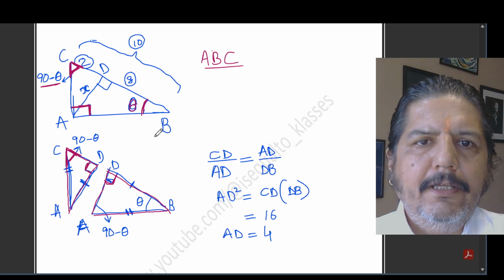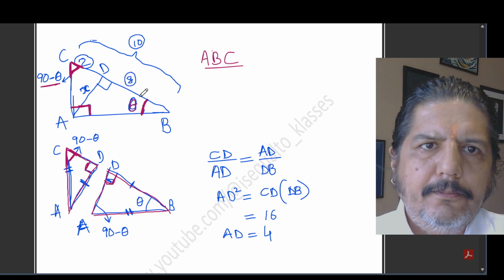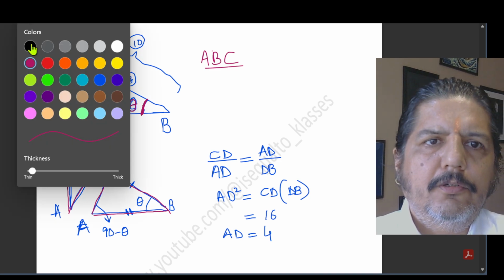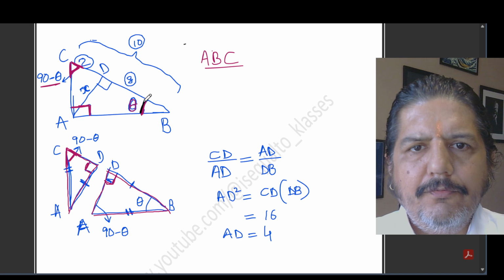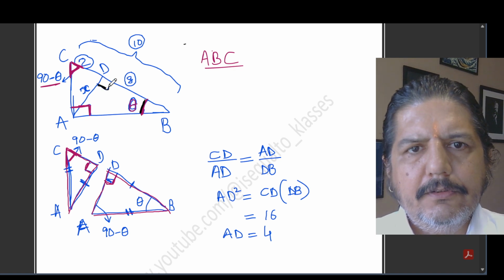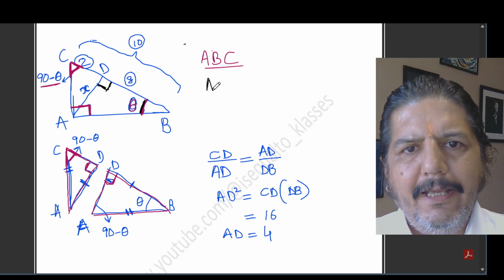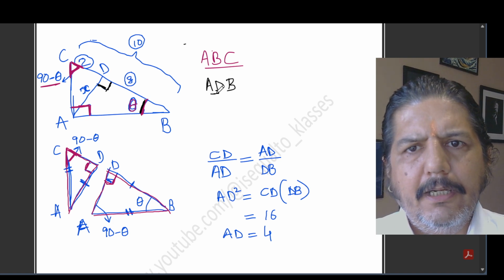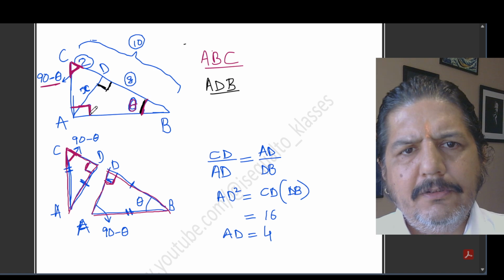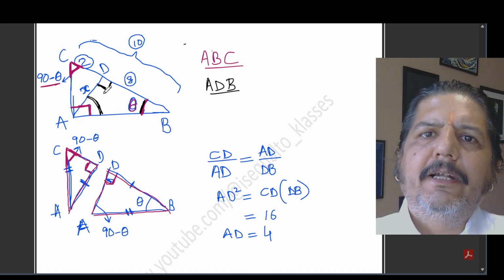Now, let me change the color so that you can see clearly. See, if this is theta and this is 90, if I consider triangle ADB, you'll understand that this angle would be 90 minus theta.